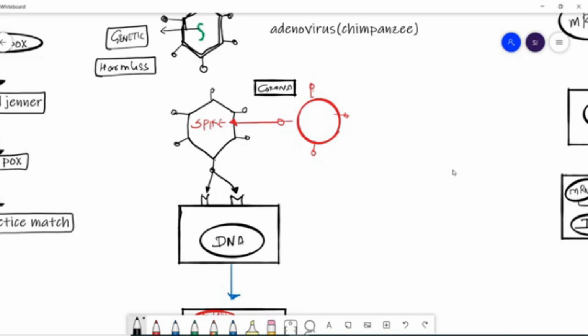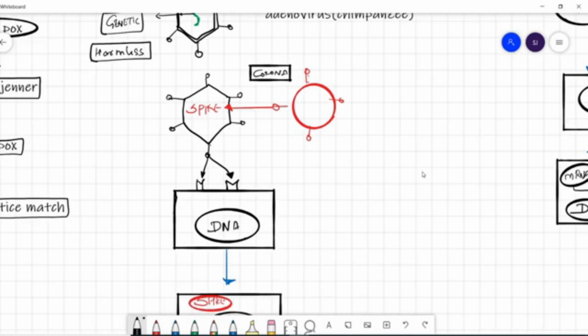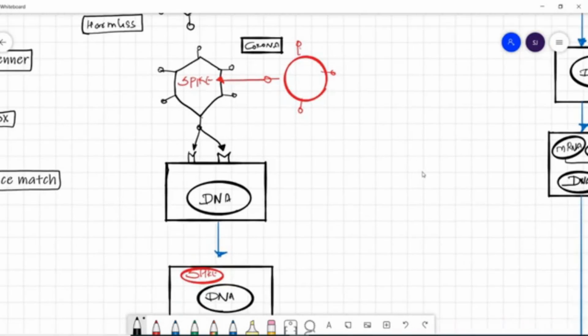Second, we are replacing that information with the spike protein of the coronavirus. In that case, we are not sending the whole information of the coronavirus. Rather, we are only sending a part of the information of the coronavirus, which is the spike protein, into the adenovirus. And then we inject it.